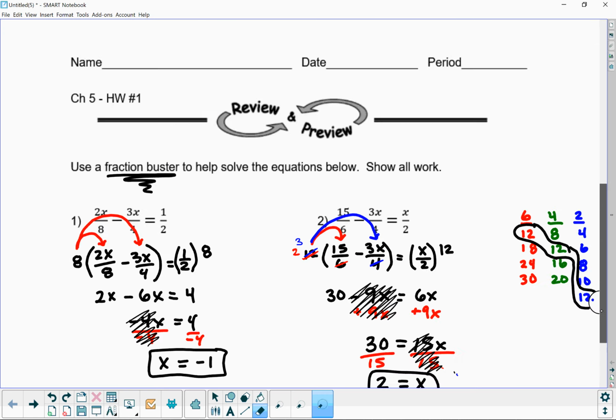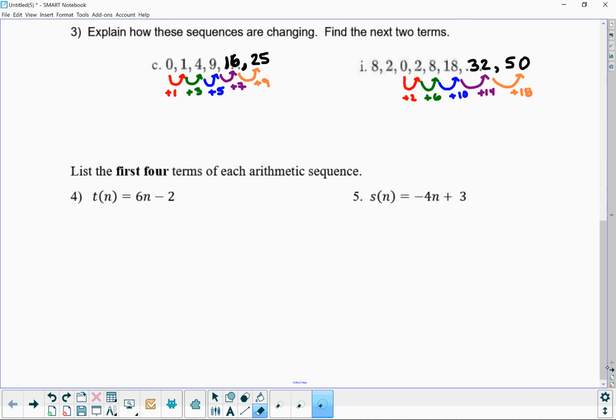Okay, and number 4. It's the first 4 terms in each arithmetic sequence. So I need to do this when n is 1, n is 2. We'll do it 2 different ways, right? First, if n is 1, what do I get?